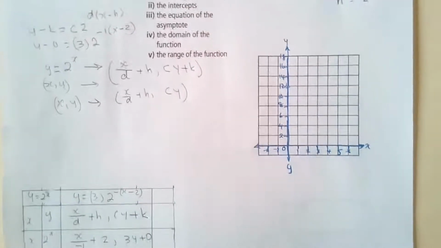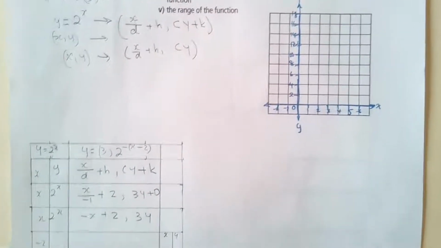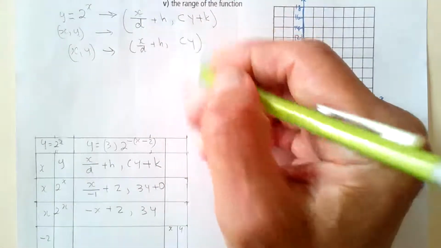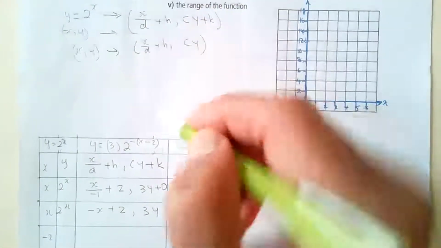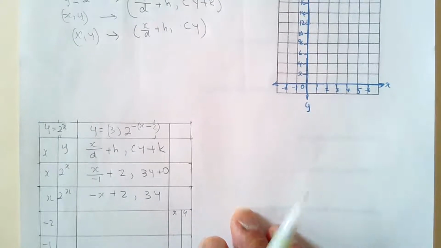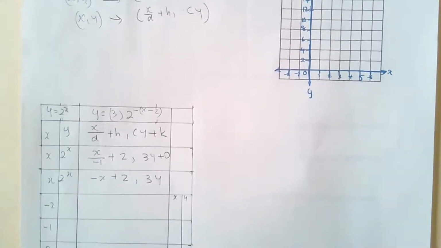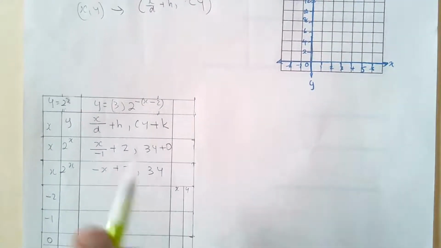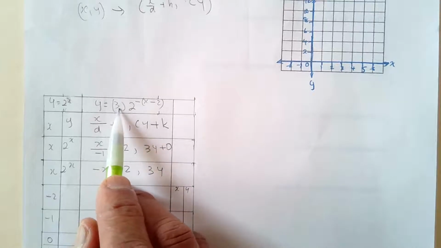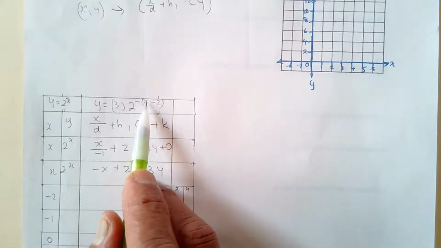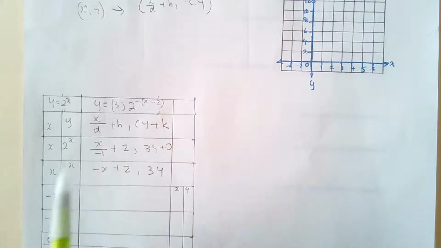So I went ahead and constructed my table here. I simply transformed these into a chart to make my work look easier. So here is my equation, y equals 3 times 2 to the negative, open bracket, x minus 2.